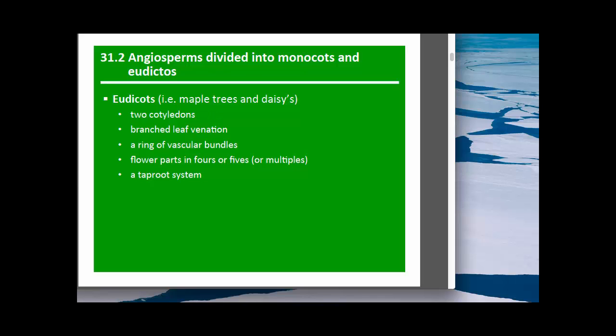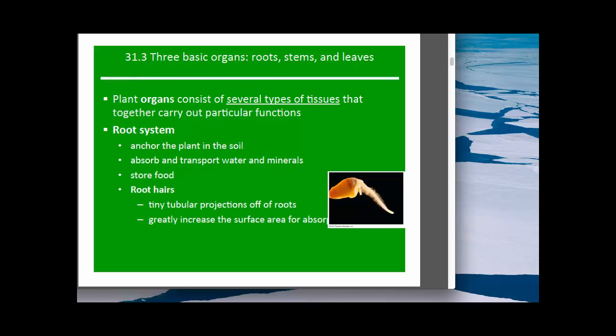That's all. In our next section, what we will focus on is the types of roots, stems, and leaves that can be present in the different plants. And roots, stems, and leaves in plants, as we will learn, are their organs, equivalent to your stomach and heart and other organs that you have.